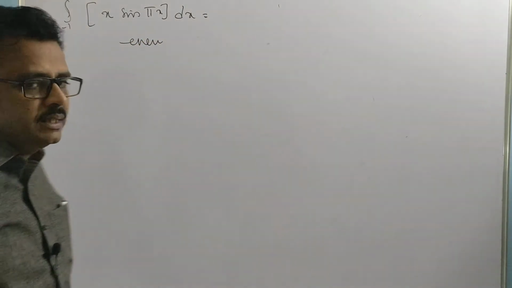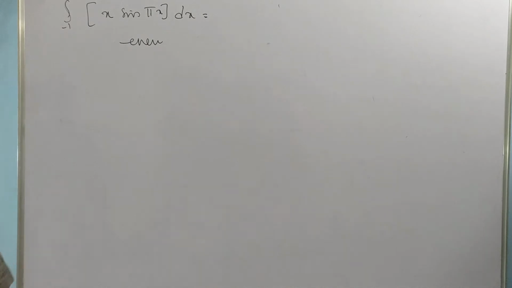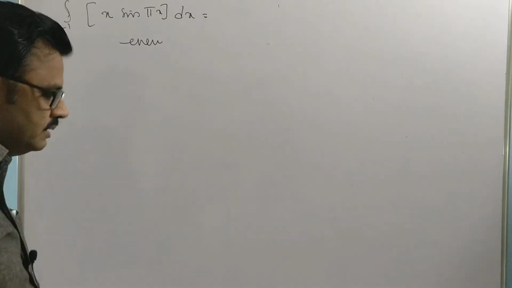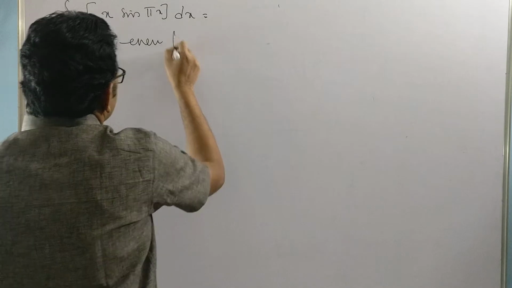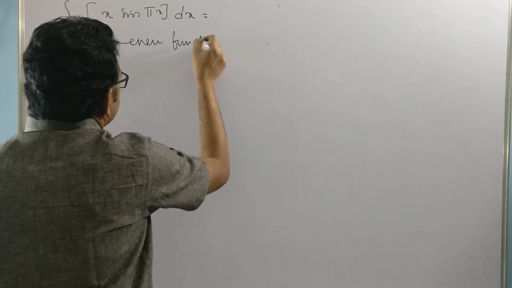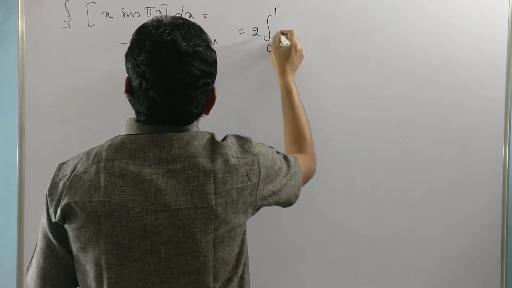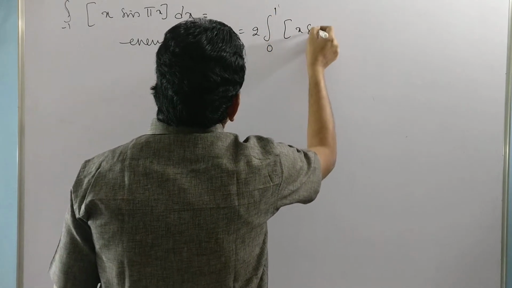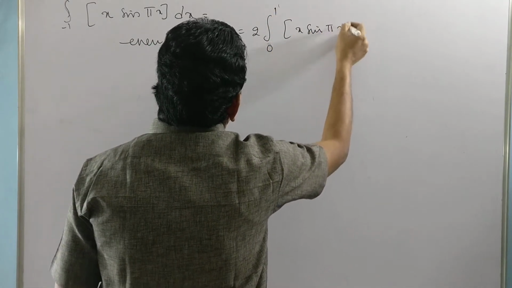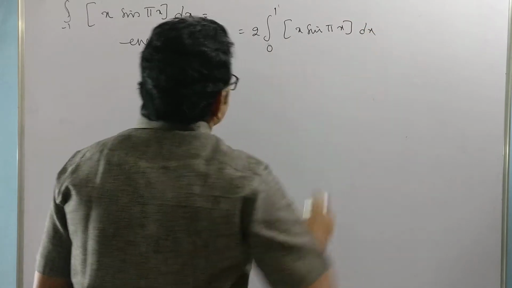So the integral from minus a to a of f of x dx equals 2 times the integral from 0 to a of f of x dx if f of x is an even function, and 0 if it is an odd function. Clearly it is an even function. Therefore we write 2 times the integral from 0 to 1 of step of x into sin pi x dx.